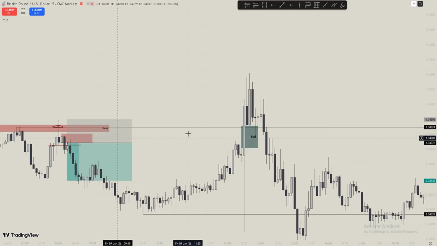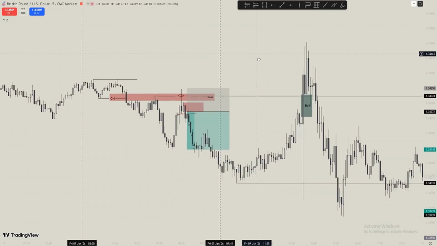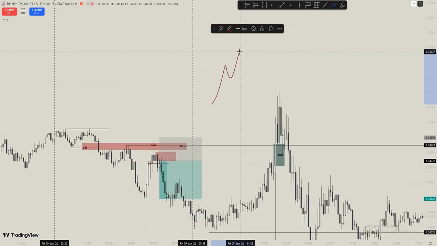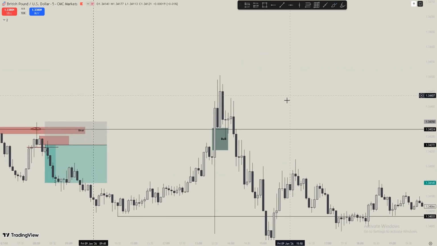Many people just enter the fair value gap when it's formed already. If it's formed and the candle touches the fair value gap, they enter immediately. So that's why many people lose.